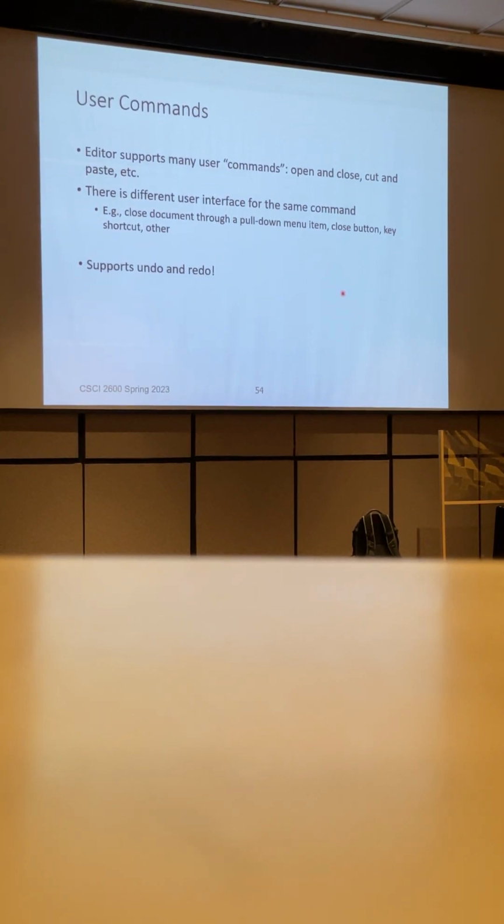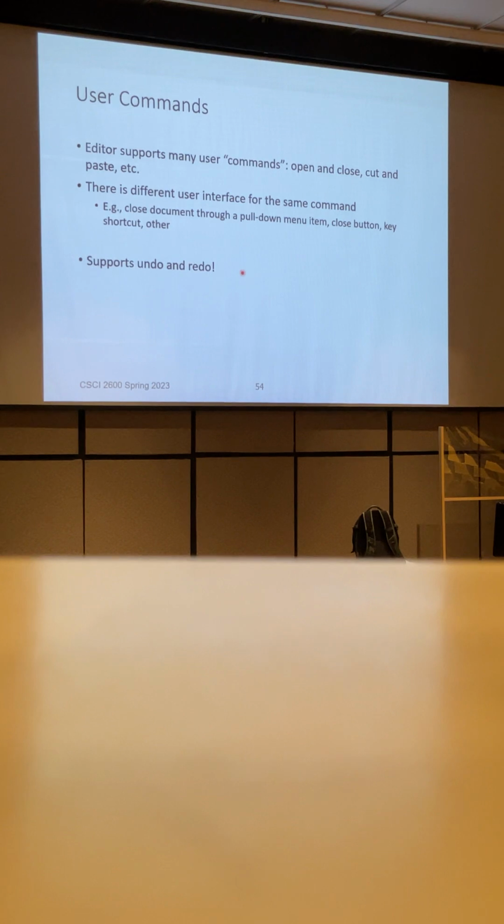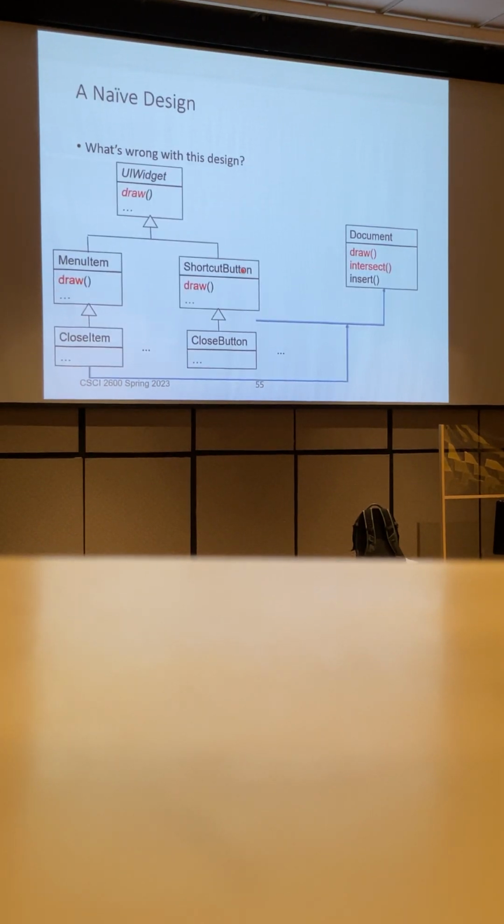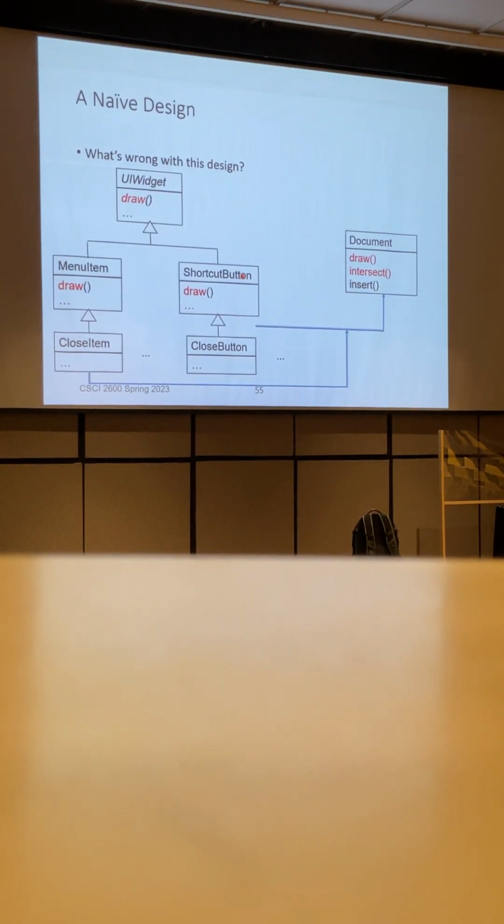That would also allow us to keep track of the history of commands, and then if we want to undo certain commands, we would be able to do that. So that also would support undo and redo.